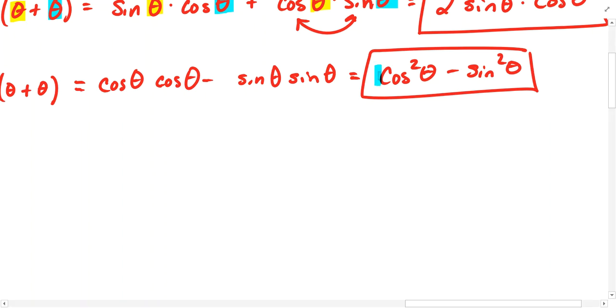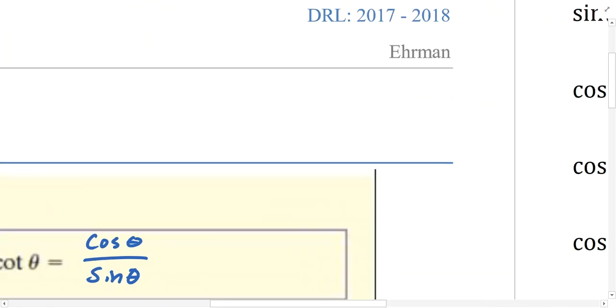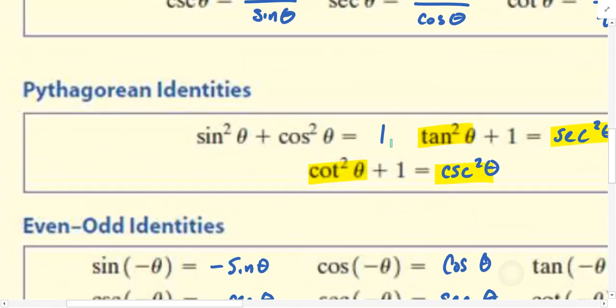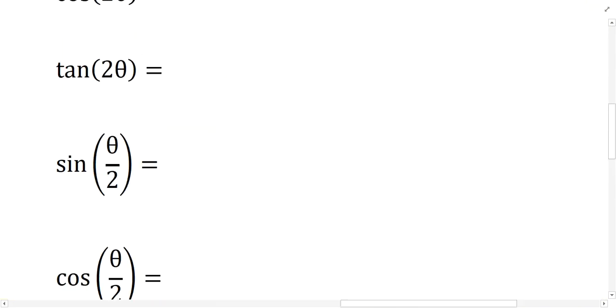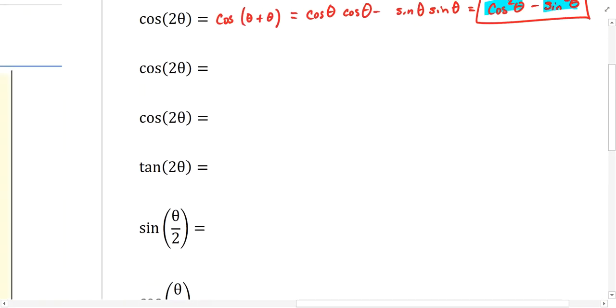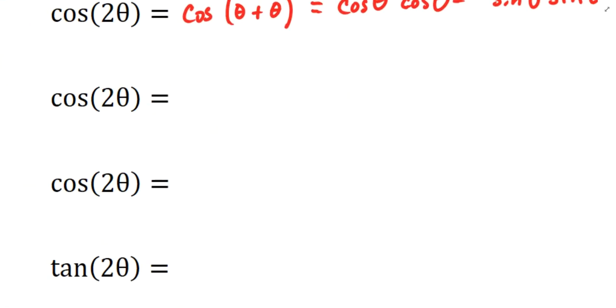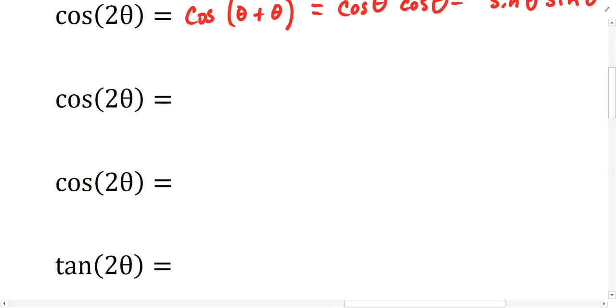If we replace cosine squared, or sine squared for that matter, with the equivalent Pythagorean identity, this format here, we would then see the following two. And again, this is where it pays off having this memorized. Instead of having to reestablish all of this, the more you have memorized, the quicker you can work through this work as well as others in the future.